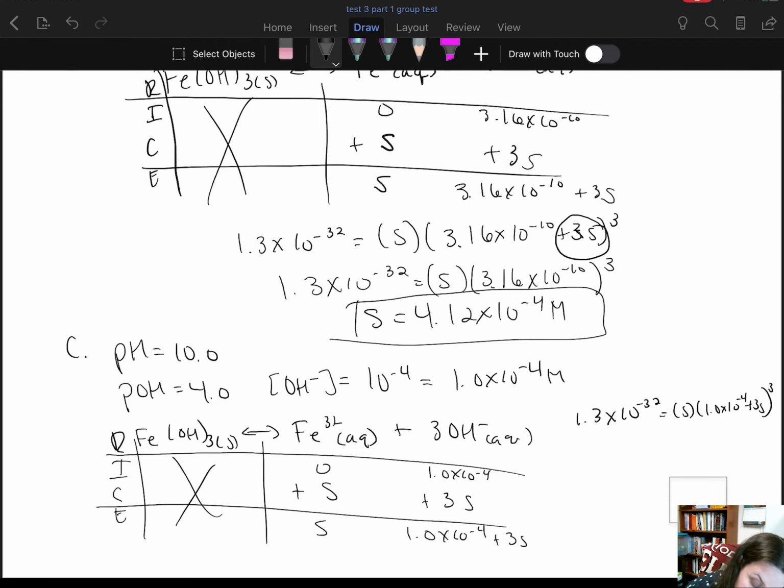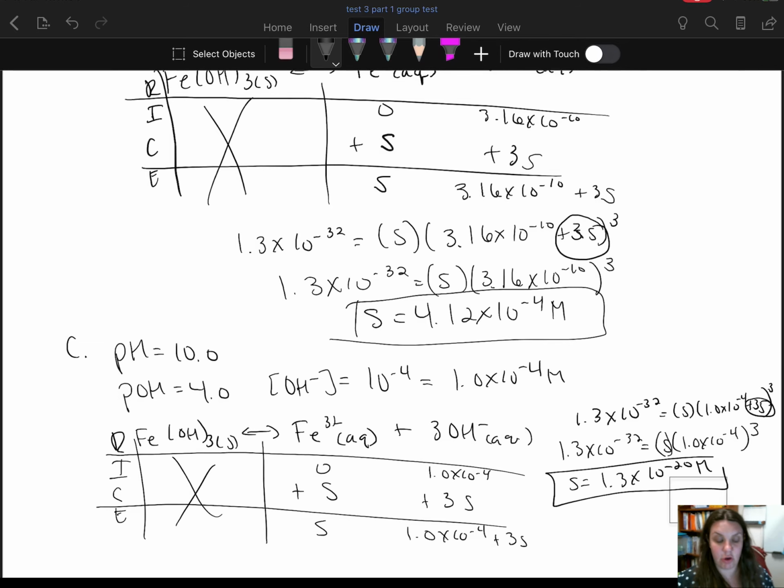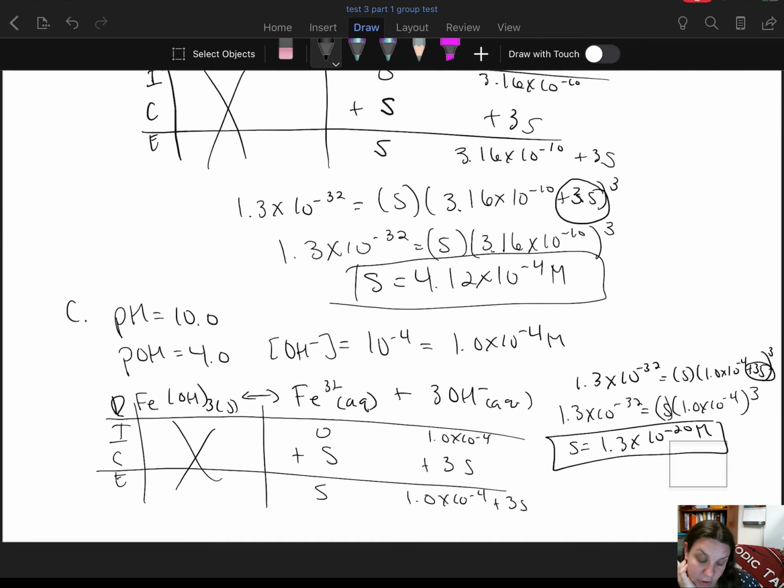And when we do our small x approximation, we get 1.3 times 10 to the negative 32 is equal to S times 1.0 times 10 to the negative 4 cubed, and we get an S value equal to 1.3 times 10 to the negative 20 molar, which hopefully we expected. We had a higher concentration of hydroxide than in pure water, so we'd expect our solubility to go down.